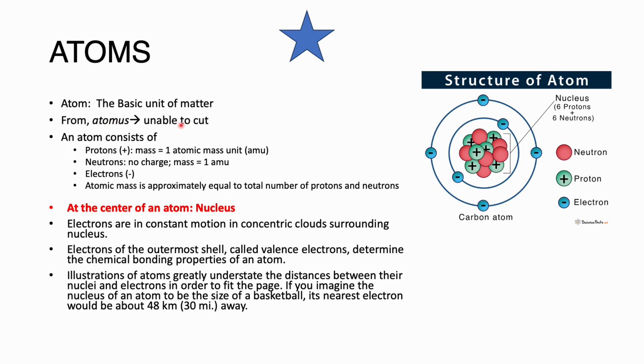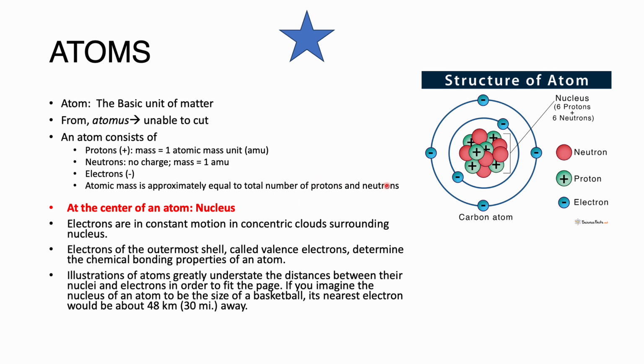An atom consists of a proton, which has a positive charge, a neutron, which has no charge, and electrons, which have a negative charge. The atomic mass, remember our atomic mass from the earlier slide, is approximately equal to the total number of protons and neutrons.